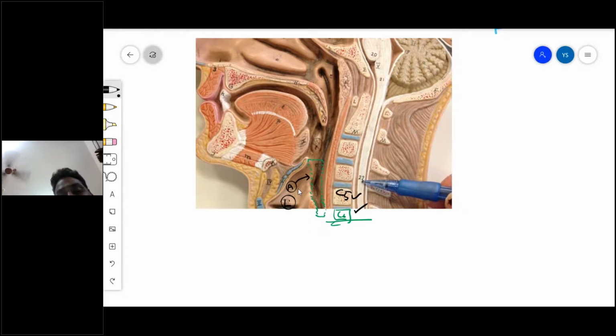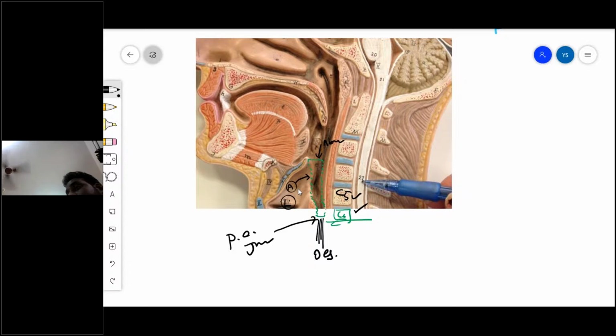Above it communicates with the oropharynx at the upper border of the epiglottis. Below it continues as the esophagus at the lower border of the C6 vertebra, and this junction is called the pharyngo-esophageal junction.